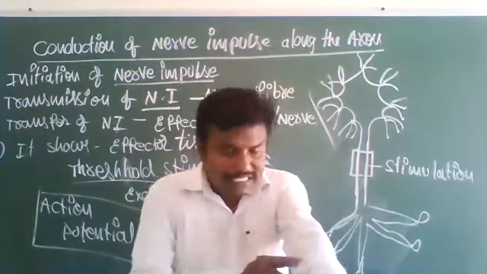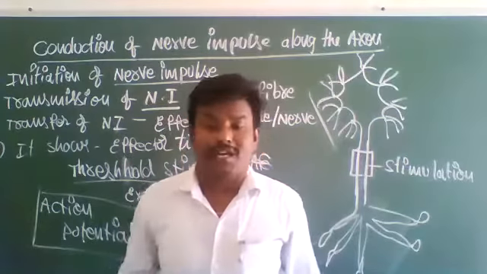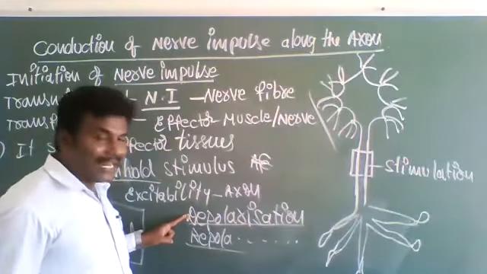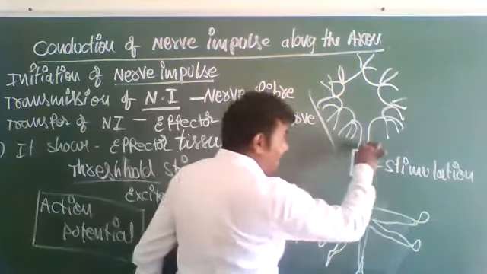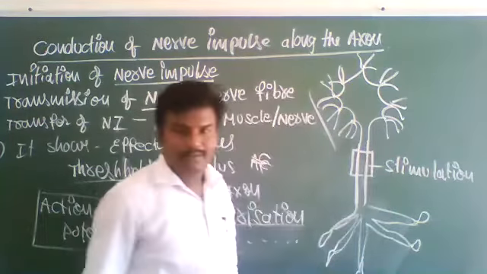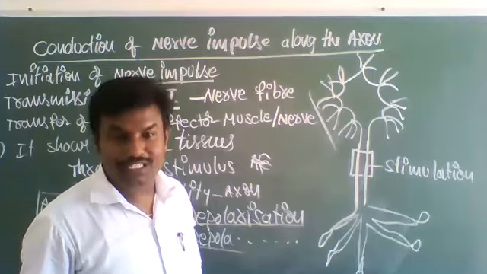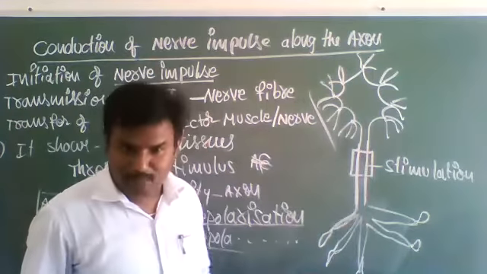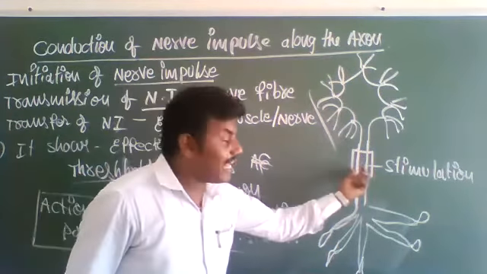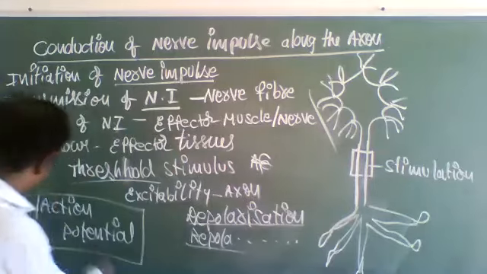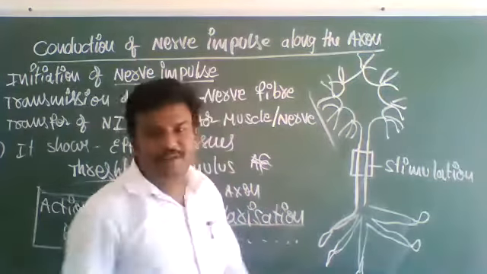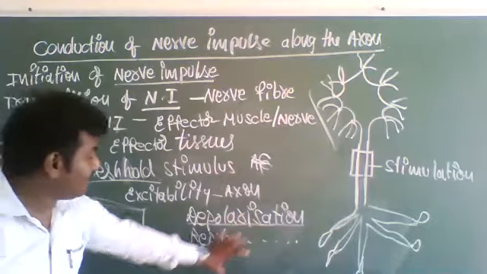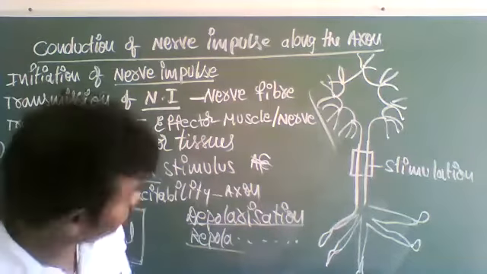At that time, at this place, the axon undergoes depolarization and repolarization due to the changes in the membrane permeability. As a result of this, it generates action potential. The last point, this point, I will show in the form of a diagram.